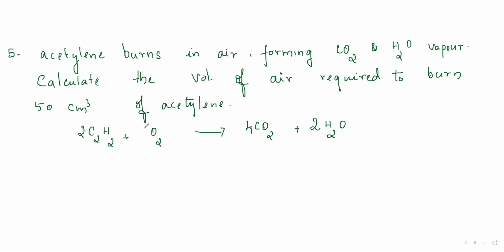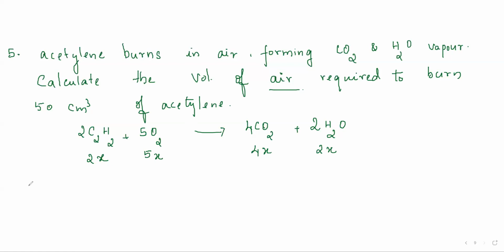According to Gay-Lussac's law, 2x acetylene, 5x oxygen, these two react to give you 4x carbon dioxide and 2x of water. Okay, the question is to calculate the volume of air, not oxygen.